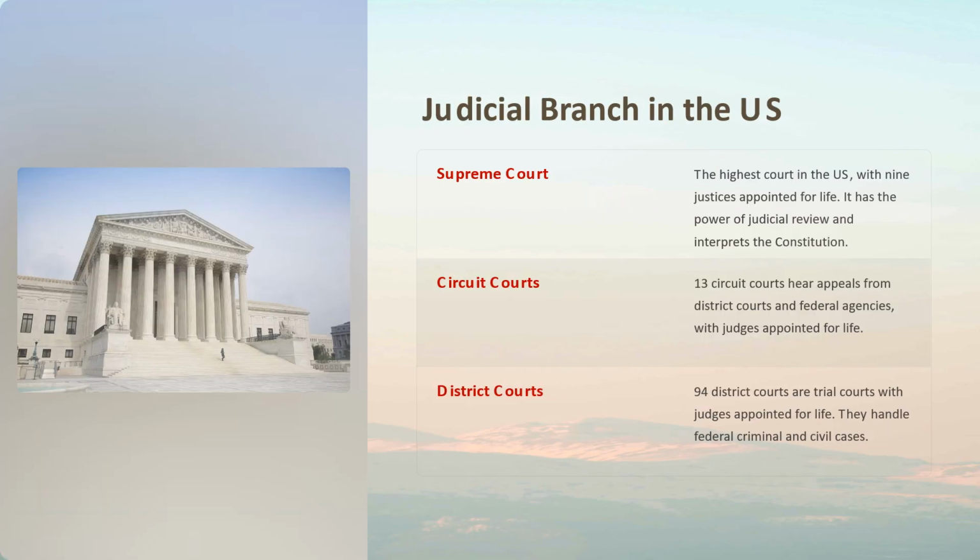The judicial branch in the US. The judicial branch is composed of the Supreme Court, circuit courts and district courts. The highest court in the US is the Supreme Court with 9 justices appointed for life.